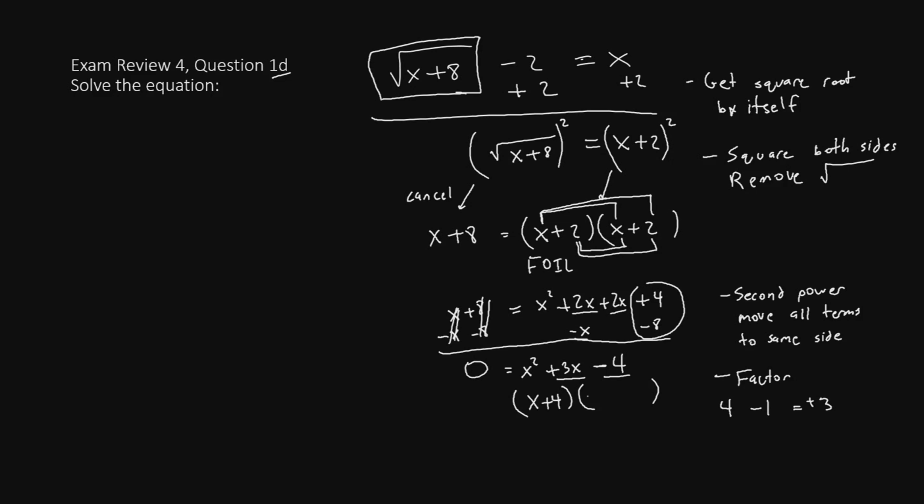So we'll have x plus 4, x minus 1 equals 0. We'll break this into pieces. We'll have x plus 4 equals 0, x minus 1 equals 0. So our solutions will be x equals negative 4 from the first one, and then if we move the negative 1 over to the right, we'll have x equals 1.